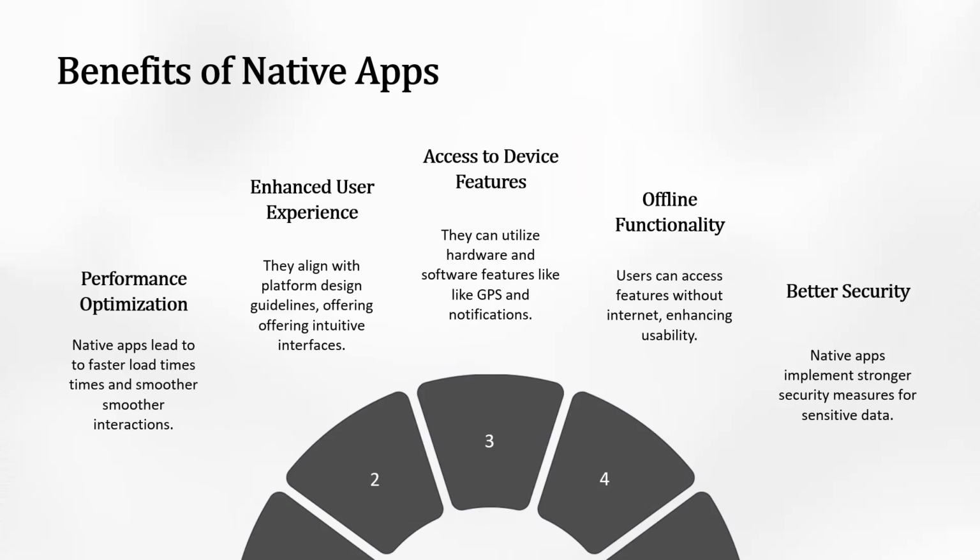Many native apps continue to work without an internet connection, which is very crucial in areas with low or inconsistent connectivity. Then better security. Native development allows implementation of platform-specific encryption, secure storage, and biometric authentication like Face ID or fingerprint scanning.